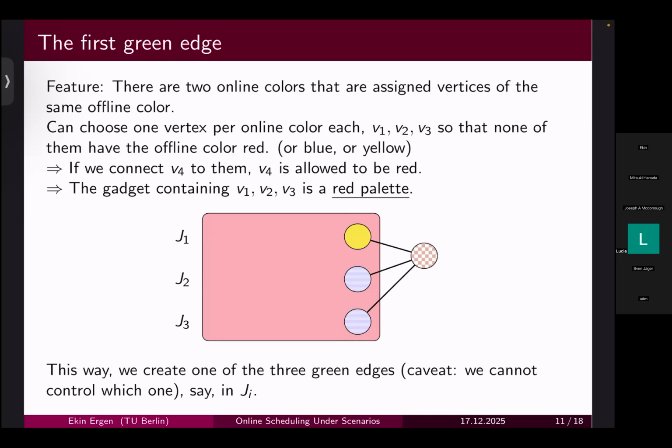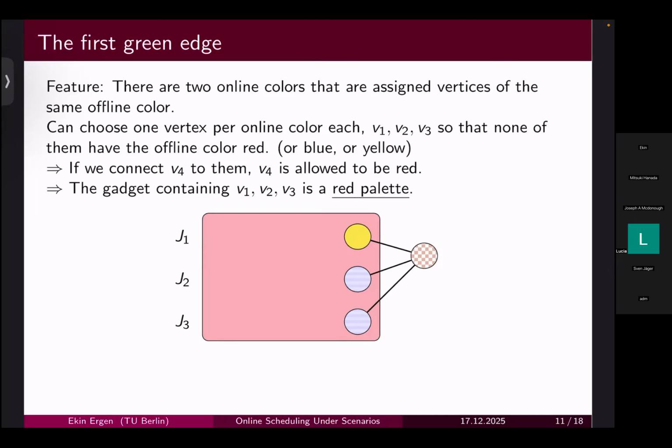It could be J1, J2, J3. We have no control over what the algorithm is doing, because we are showing that any algorithm is bad, so we have to brace ourselves for an arbitrary algorithm. But we know that it assigns some color, and in that color, there are now two vertices of the same online color. So that already achieves our first green edge.